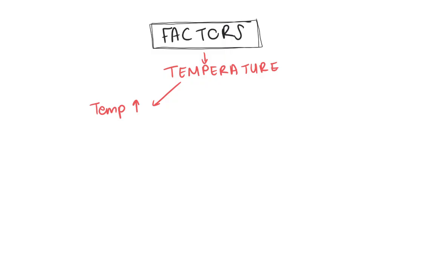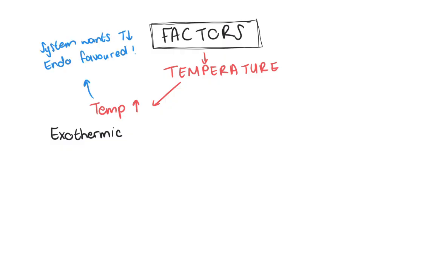Depending on whether your forward reaction is exothermic or endothermic, that would tell you how your Kc value would be affected. So if I increase the temperature and my forward reaction is an exothermic reaction, remember, with an increase in temperature my system wants to decrease the temperature, so it favors the endothermic reaction, which absorbs heat. So in other words, my reverse reaction would then be favored.